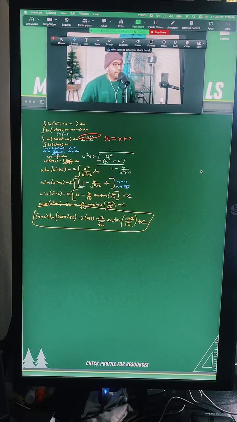Okay. Well, if I'm going to take the derivative, let's start with that first part. We have to use the product rule for this first section.